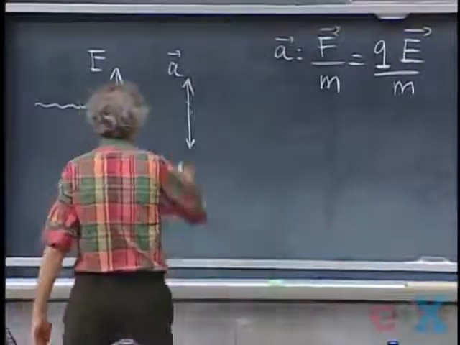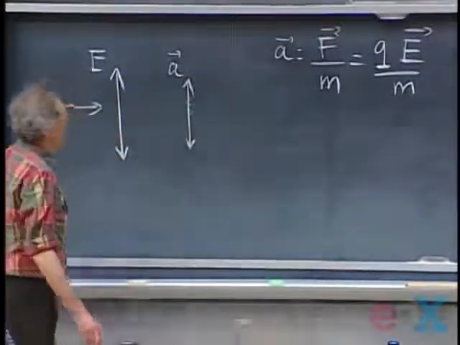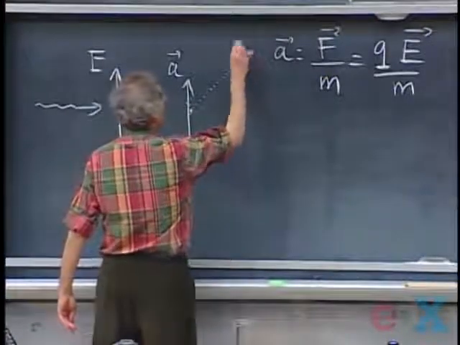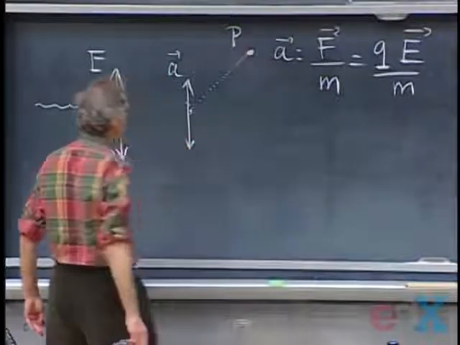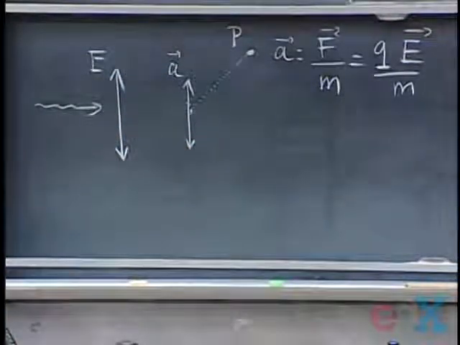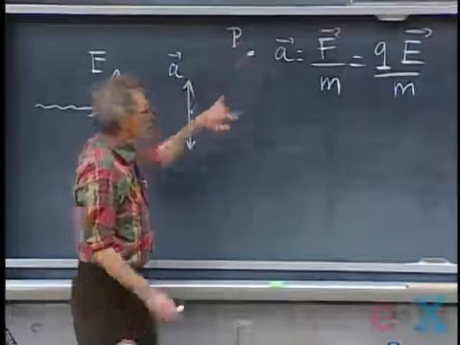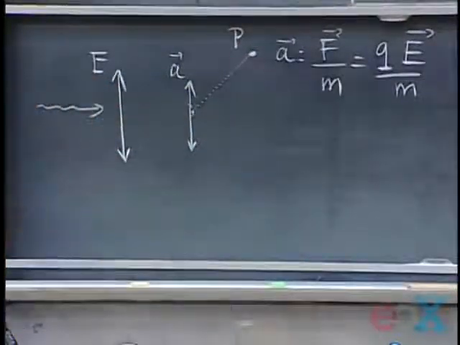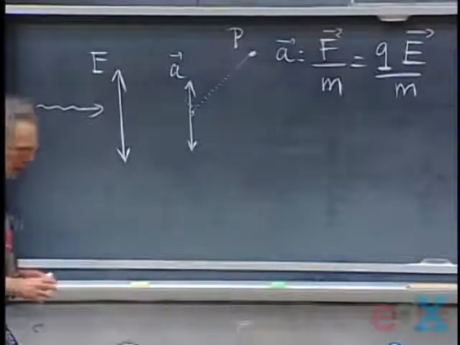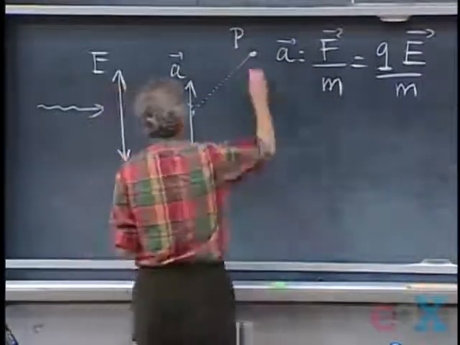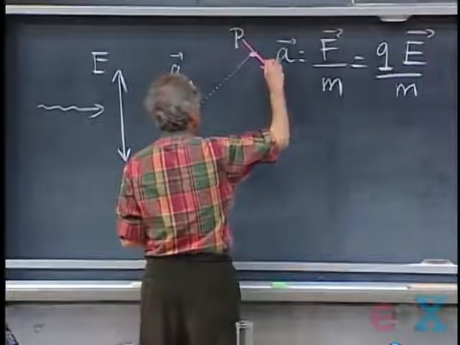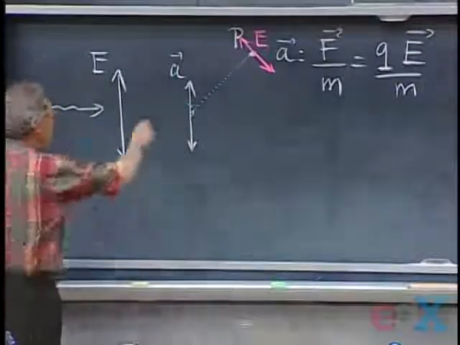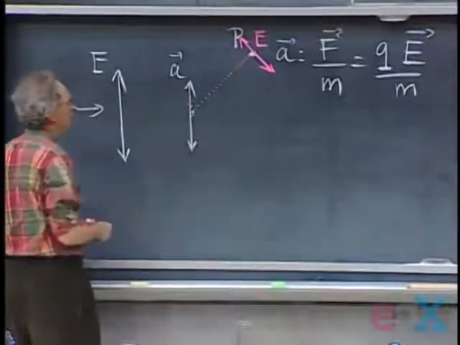So we have charges that move up and down, and now comes the question which we have discussed earlier, so this is just simply to refresh your memory. If you're here at point P, in what direction will you now see electromagnetic radiation that is produced by charges that are being accelerated? We discussed that earlier, and we even had a movie about that. And perhaps you will remember that the electric field at point P is now oscillating in this direction. A spherical wave goes out if I accelerate charges here.